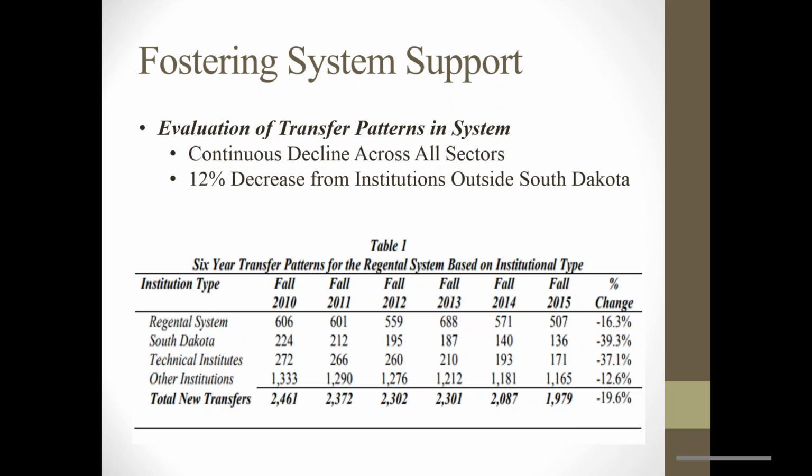And so I began to look at what our transfer patterns were within the regional system across these 4 different sectors, and used these data to demonstrate that we are seeing a trend where, each year over the 5-year period that we looked at, we were seeing about 100 fewer students every year transfer into the system, whether that be transferring between our own campuses, technical institutes, students within private institutions in South Dakota, or coming from external institutions outside of our state.